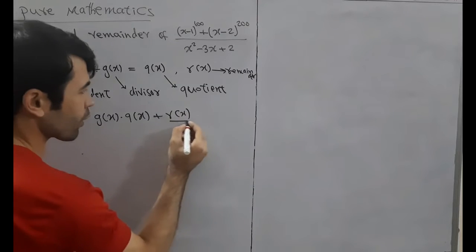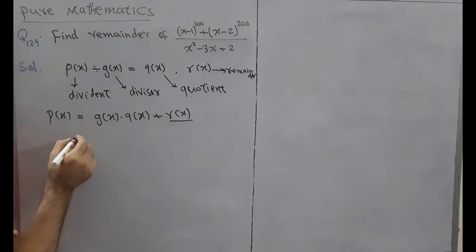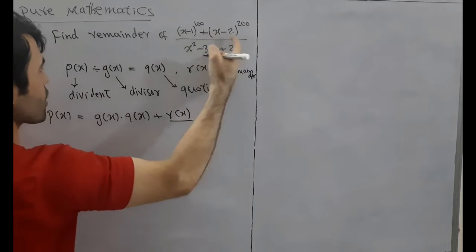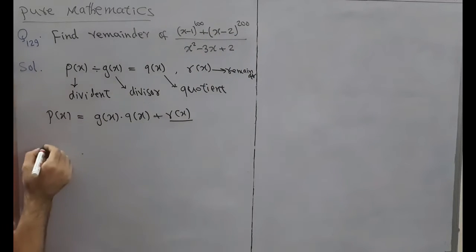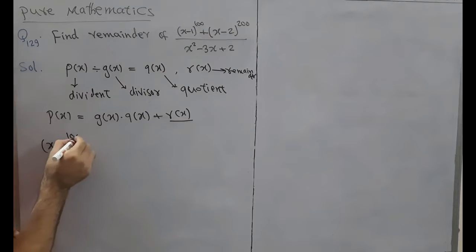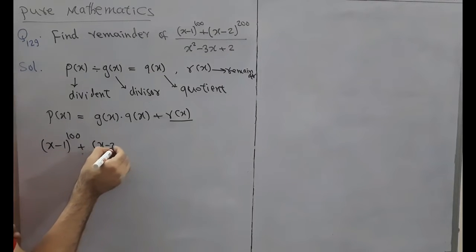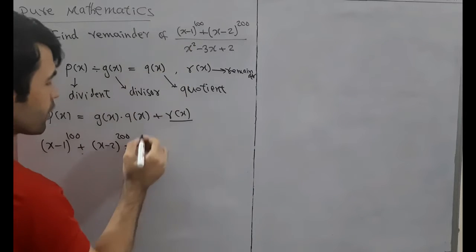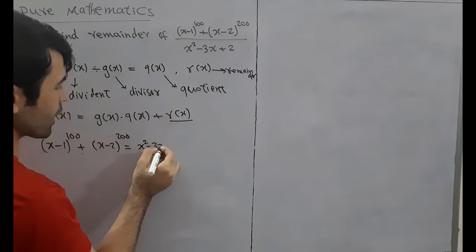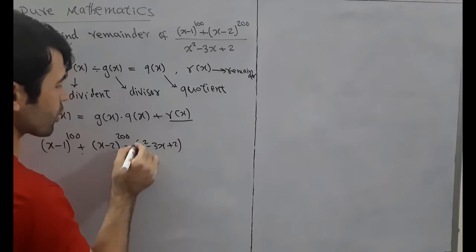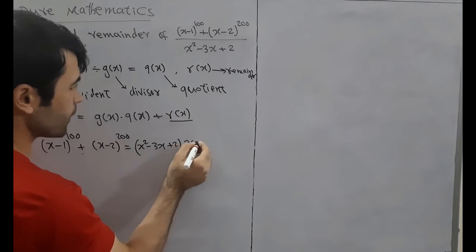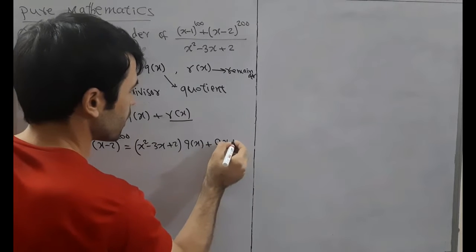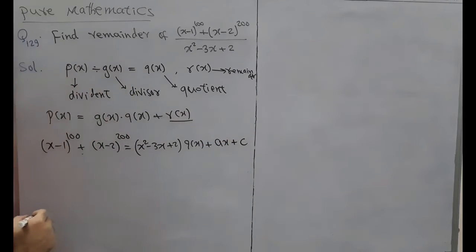Here we want to find r(x). p(x) here is the dividend polynomial. It is (x minus 1) to the power 100 plus (x minus 2) to the power 200. It is equal to g(x), the divisor x square minus 3x plus 2, multiplied by q(x), plus we assume that r(x) here is ax plus c.